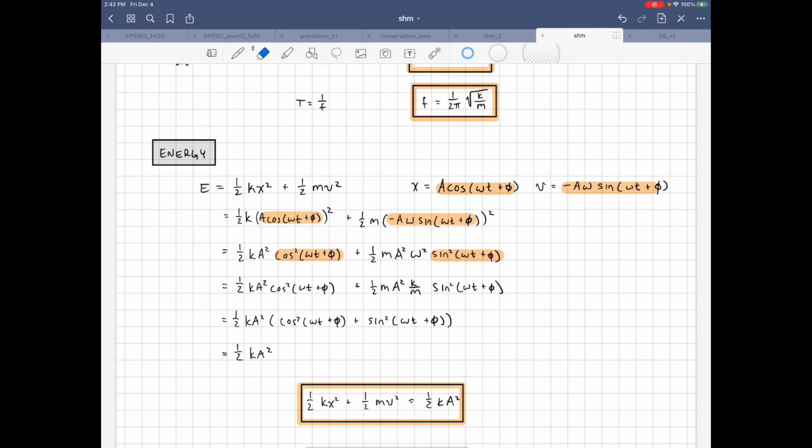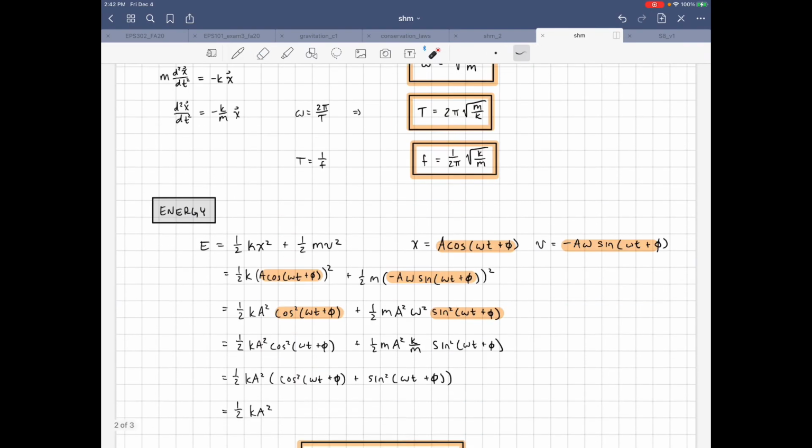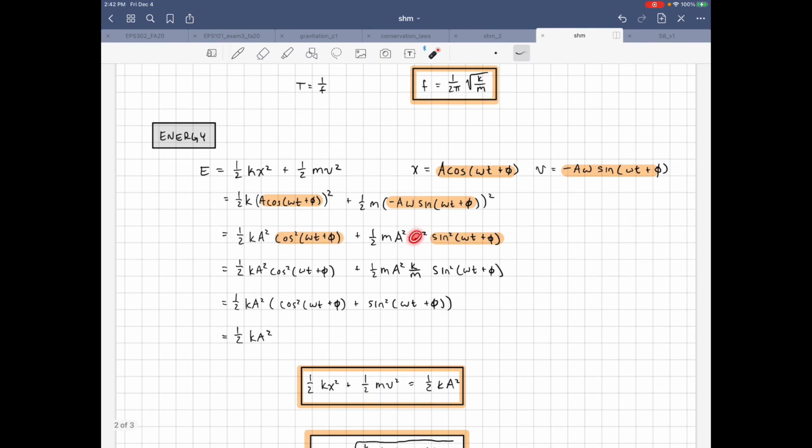Now I'm going to plug in for omega. Remember up here, omega is the square root of k over m, so that means omega squared is just k over m. So we still have cosine squared and sine squared.